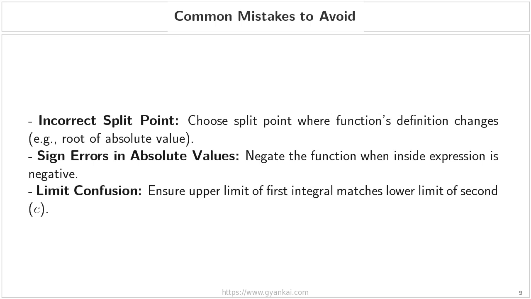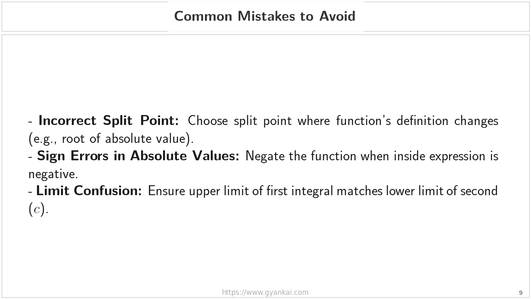Finally, let's address limit confusion. This is a bit more mechanical, but still important. When you split the integral, make absolutely sure that the upper limit of integration of your first integral matches the lower limit of integration of your second integral. In our formula, the integral from a to b of f of x dx equals the integral from a to c of f of x dx plus the integral from c to b of f of x dx.